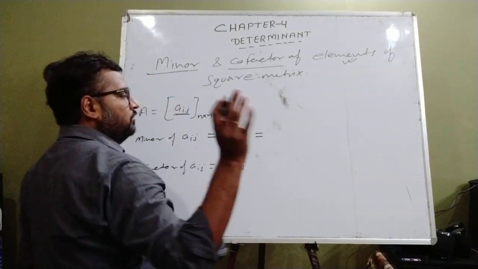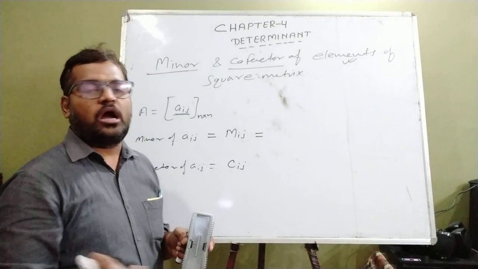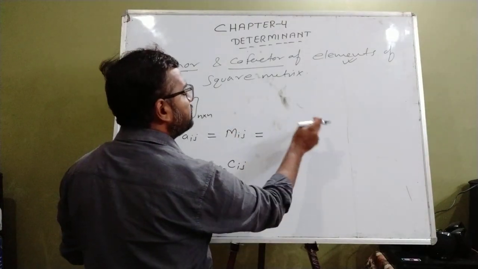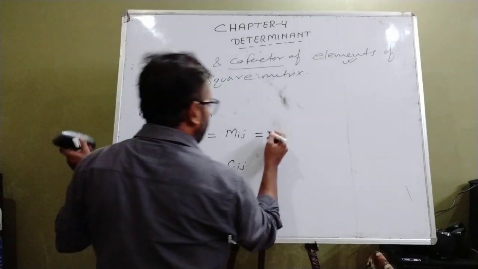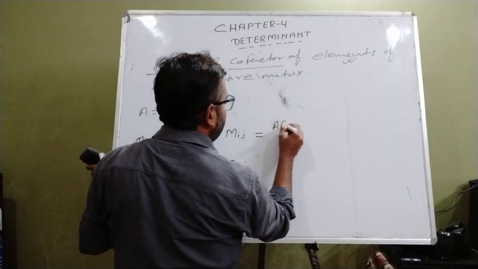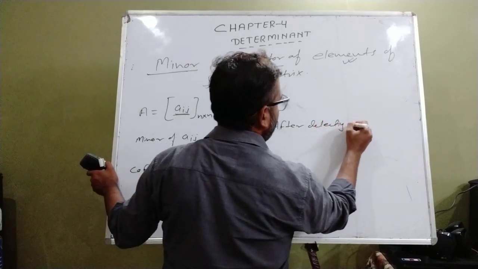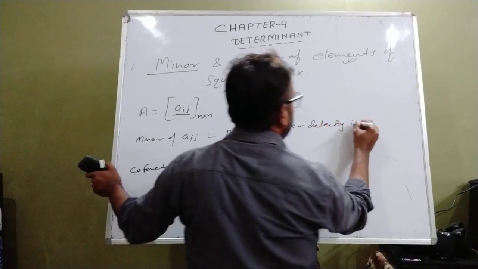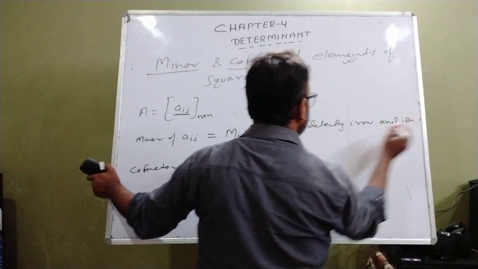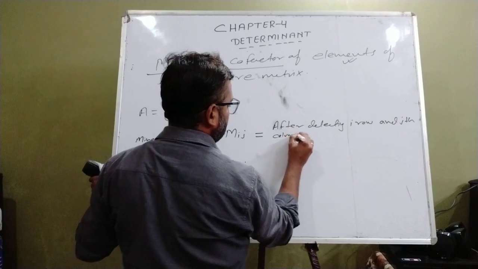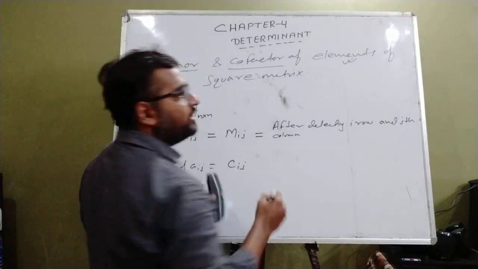deleting the ith row and the jth column. After deleting the ith row and the jth column, the sub matrix is formed.